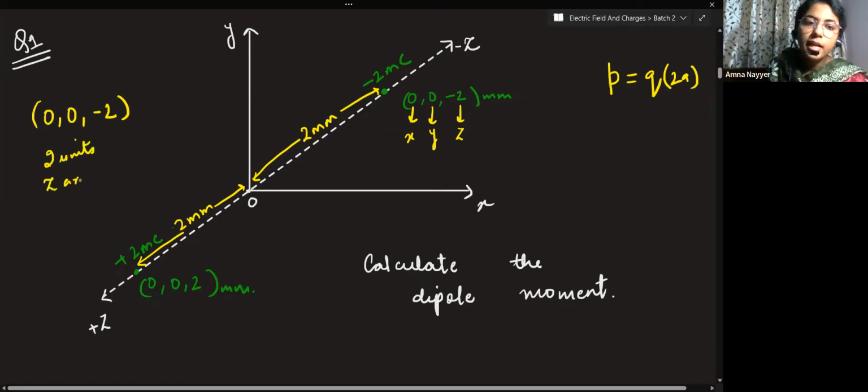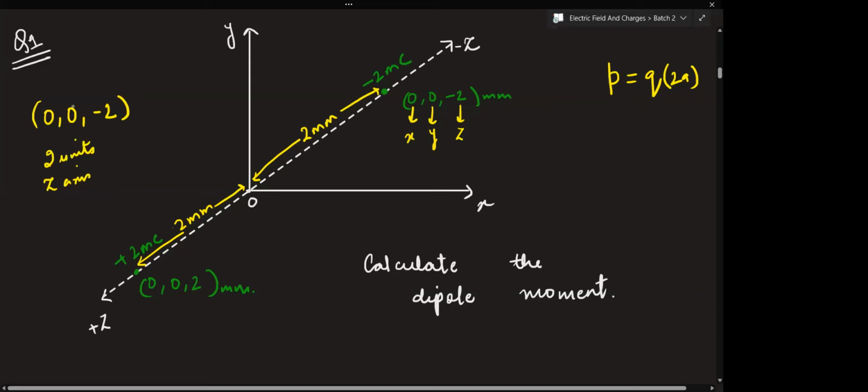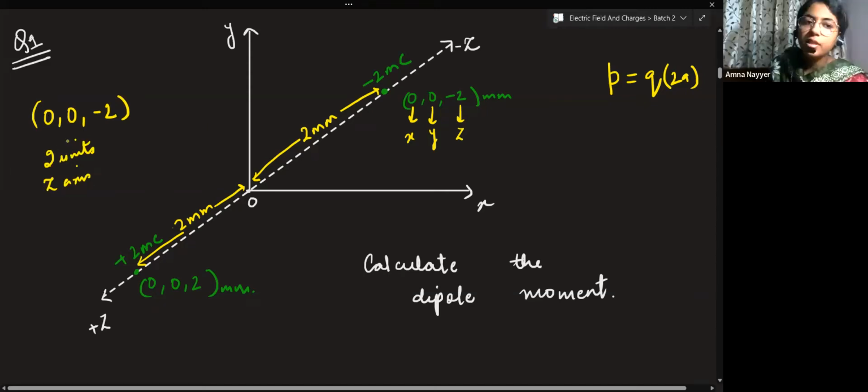On the z-axis. We identify it because the first one gives us x, the second one y, the third one z. So mark 2 units on the z-axis from the origin. What is the unit over here? Millimeters. So from the origin, one charge is kept at 2 millimeters. You have figured this out.